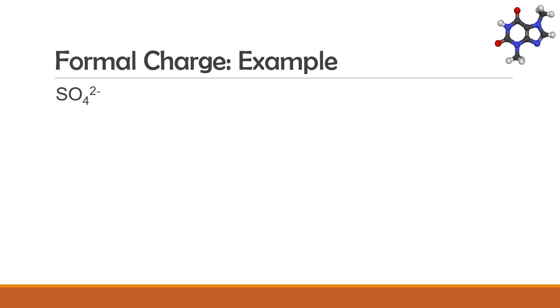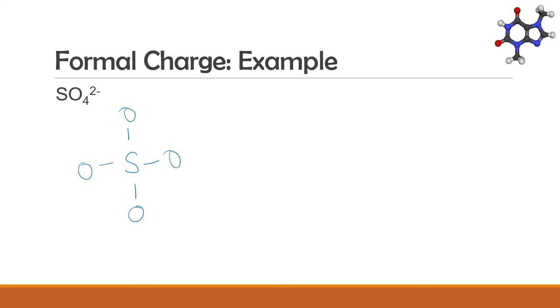Let's go back to the Lewis structure of the sulfate ion that we did earlier. The reason why the sulfate ion has a different Lewis structure than what is theoretically possible has to do with having the correct balance of formal charges. In the theoretical structure, each of the oxygen atoms is bonded to the sulfur atom using single bonds.